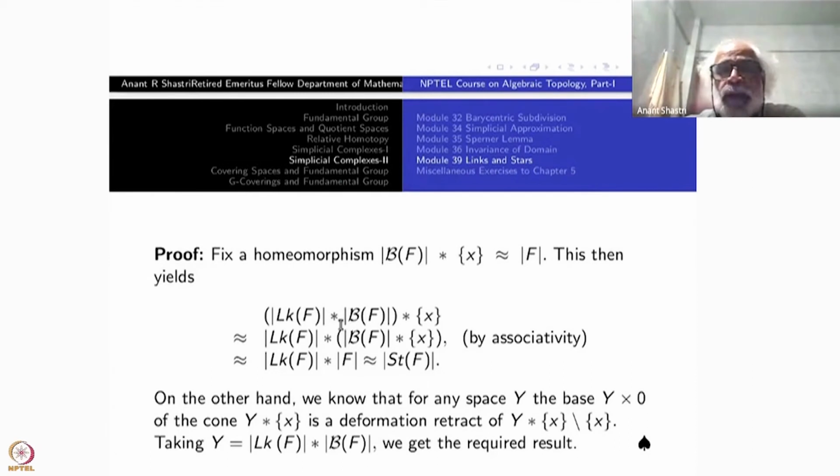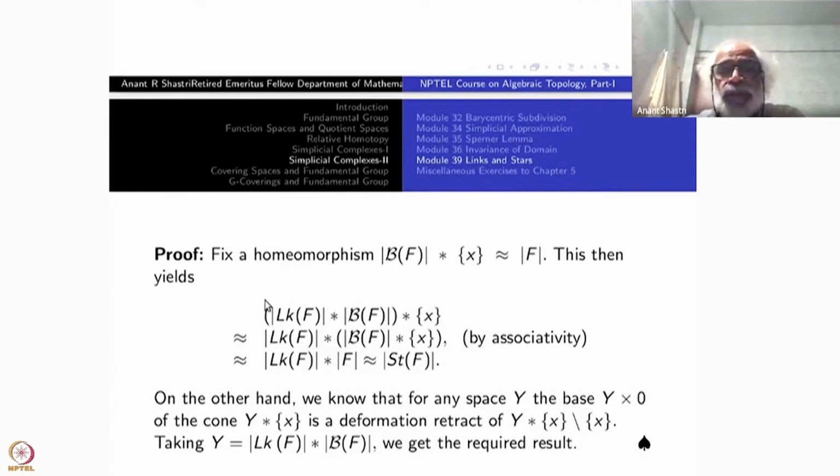I'm taking again the join with this one, link of F. This is homeomorphic to mod of link of F joined with the boundary of F joined with X. I am putting the bracket here, that's all, by associativity. The first bracket was here, now the bracket is here. But once this is F, I can put F here. Link of F joined with F, we have seen that it is star of F.